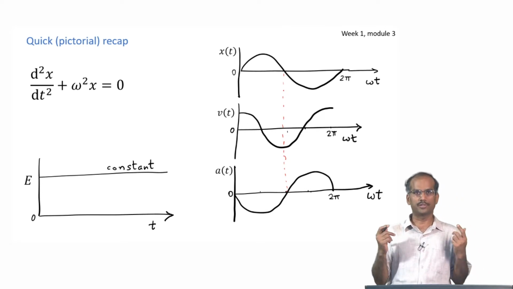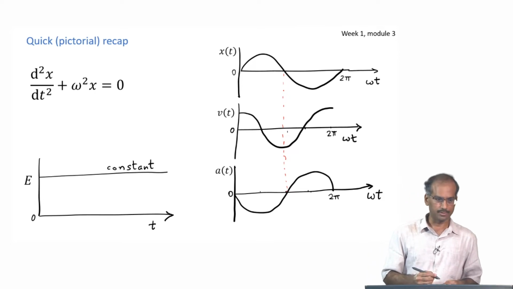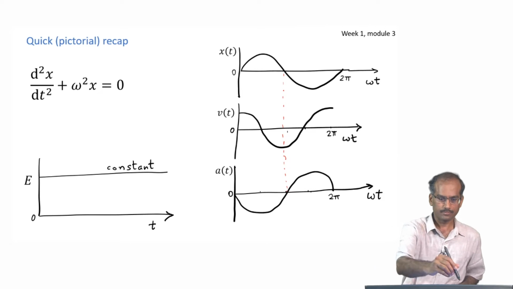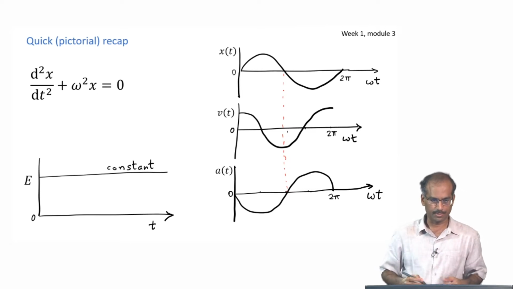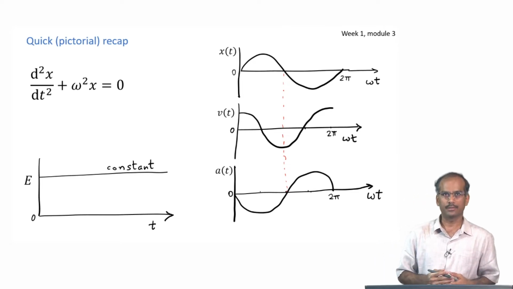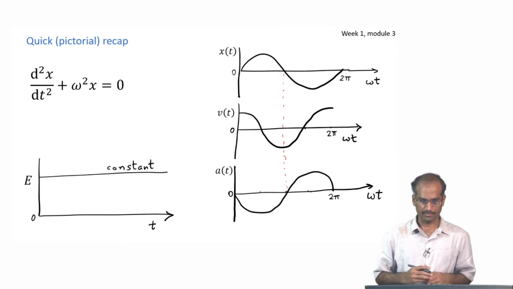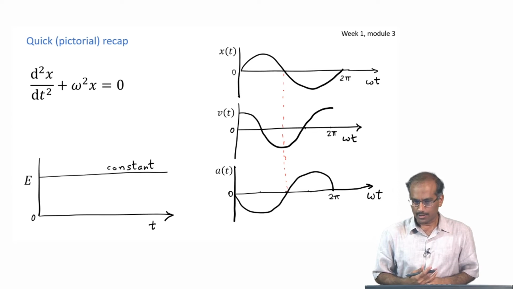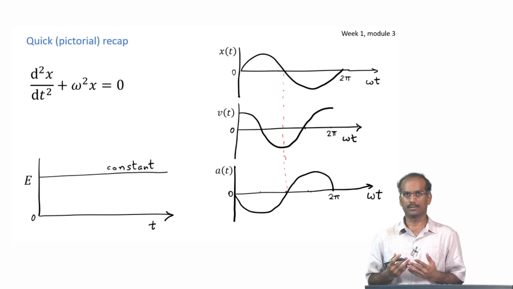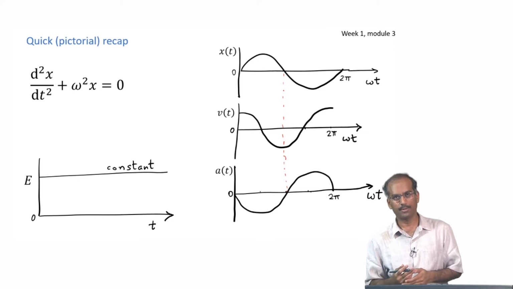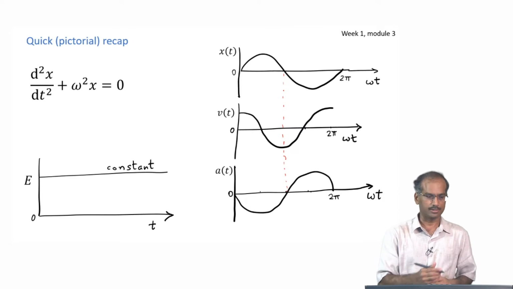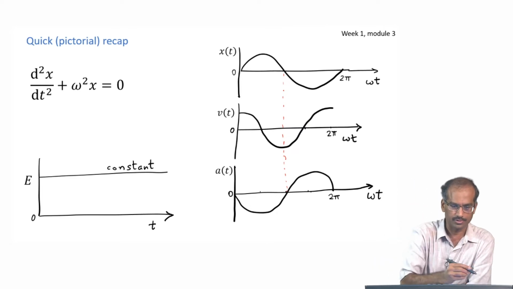Now, if you follow this thread of logic, finally you end up with an equation of motion, which is given here right in front of you, and omega here is the angular frequency. In the last module we saw that, given the displacement as a function of time, we were able to obtain the functional form which satisfied this equation.